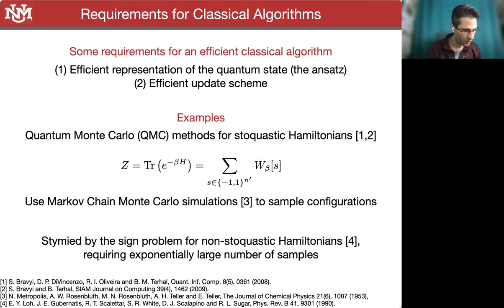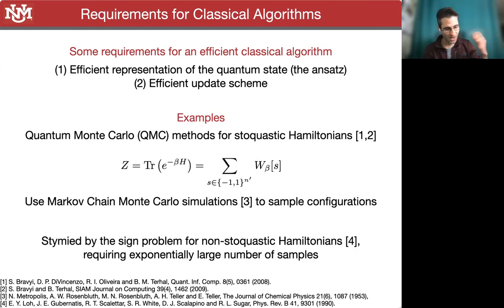So what happens is that with non-stochastic Hamiltonians, these weights can be negative or complex. And this is what we refer to as the sign problem. And when we have the sign problem, you can't just straightforwardly apply your Markov chain Monte Carlo simulations because these weights are negative, and you can't interpret them as unnormalized probabilities.